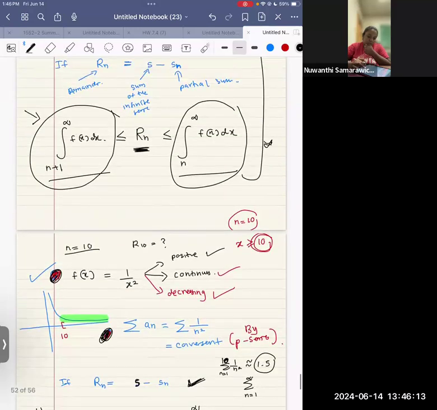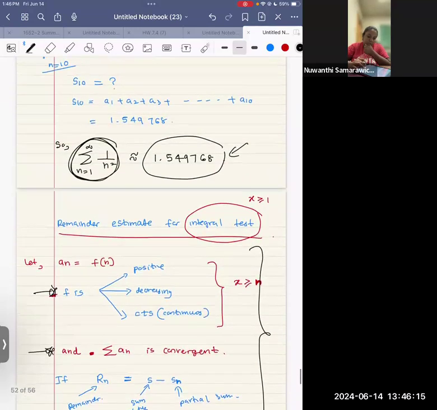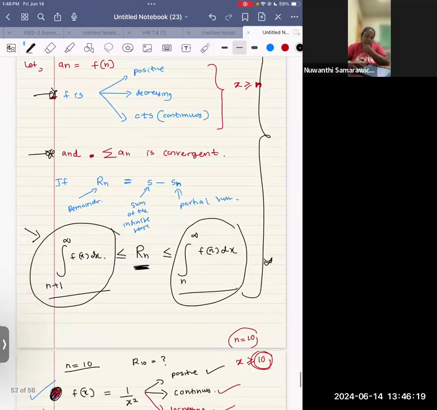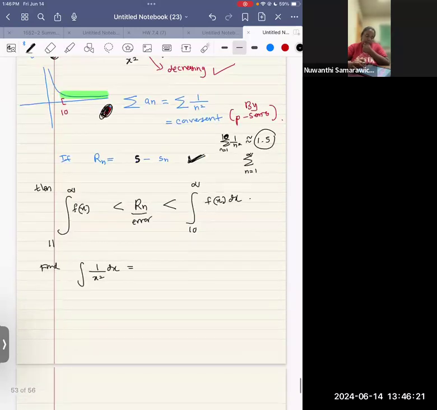Sorry, it's x squared. What is the definite integral of this?